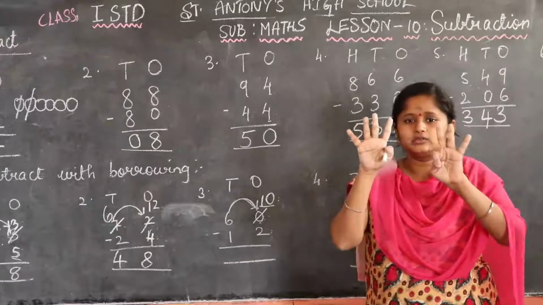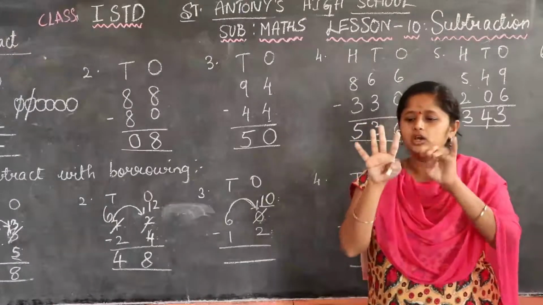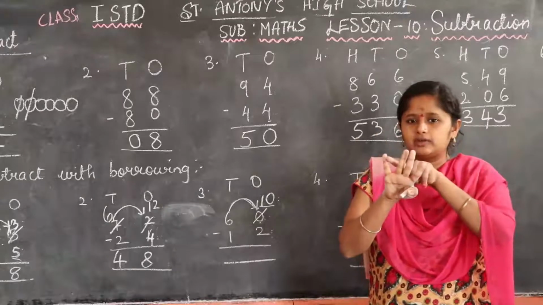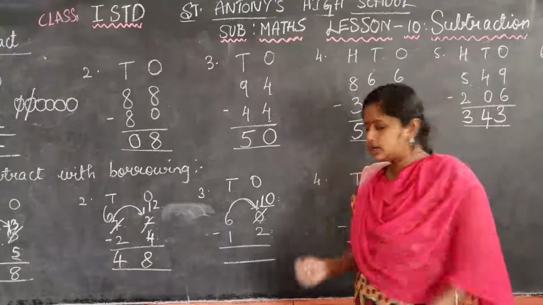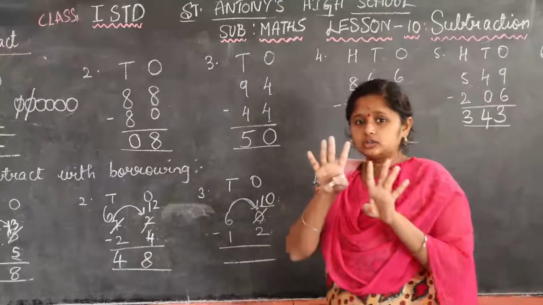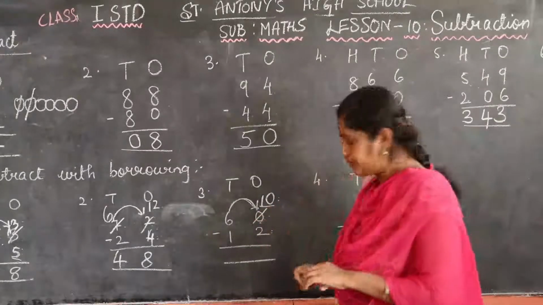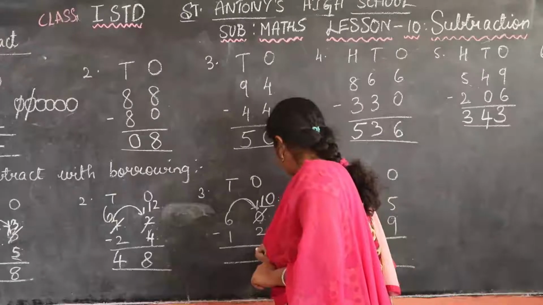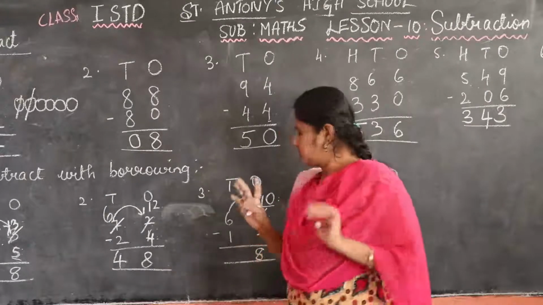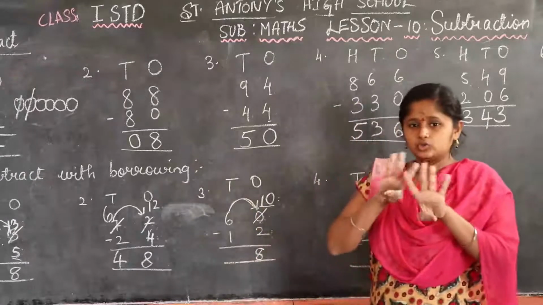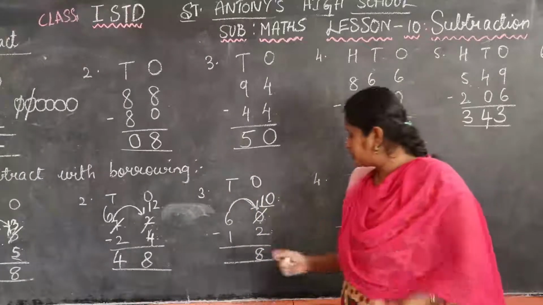So how much is left children? 1, 2, 3, 4, 5, 6, 7, 8. 8 are left.